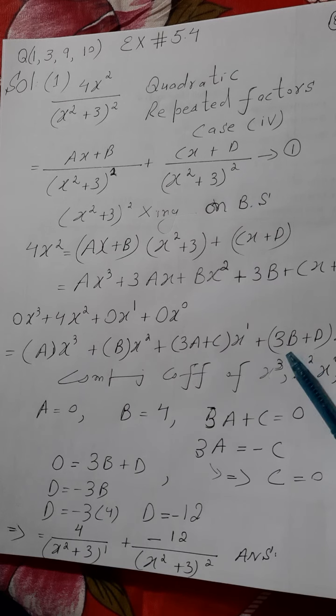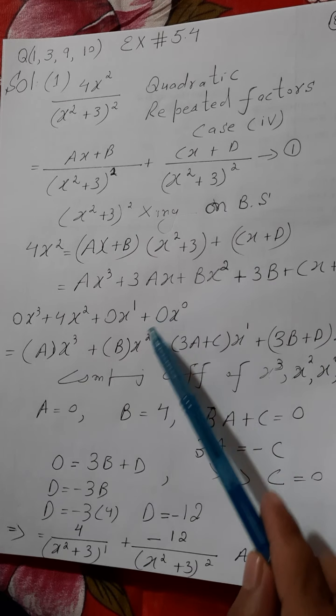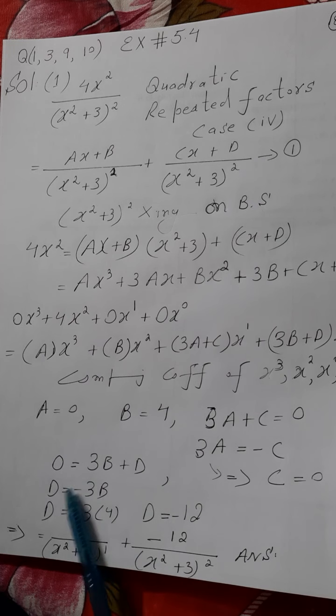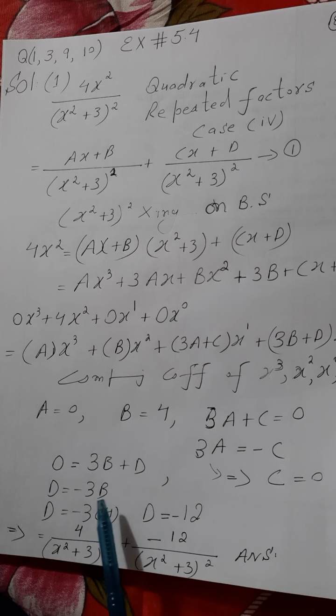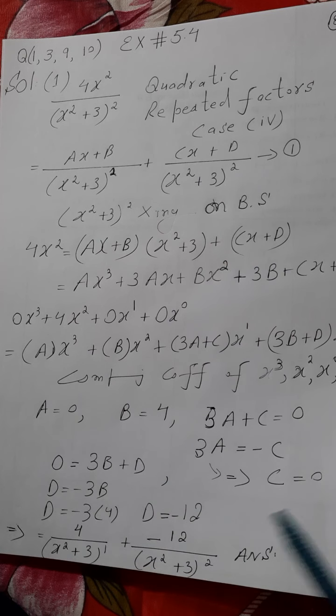And the coefficient of x raised to power 0, the constant, is 3b plus d, and the constant is 0, so d is equal to minus 3b, but b in this case is 4, so this is minus 12. So putting the values of a, b, c, d in equation 1.